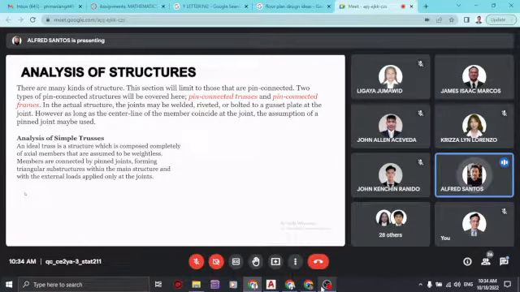They are assumed to be weightless when we analyze a truss. Members are connected by pin joints forming triangular substructures within the main structure, with the external loads applied only at the joints. Always remember that for a truss, the load is applied only at the joints.